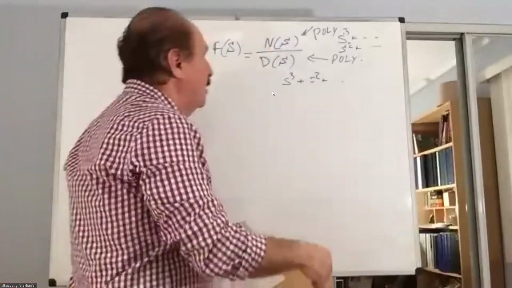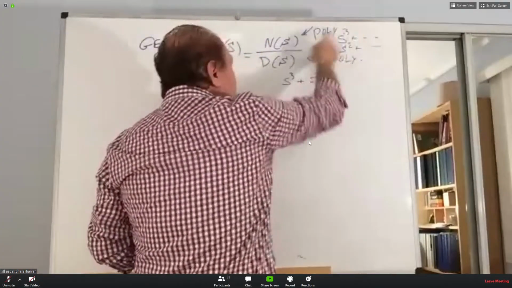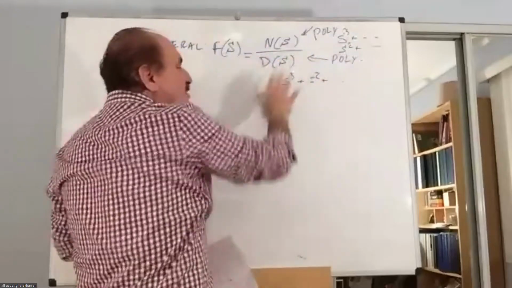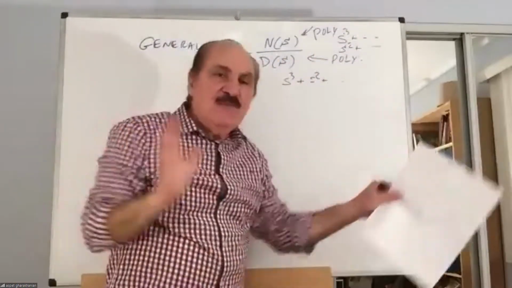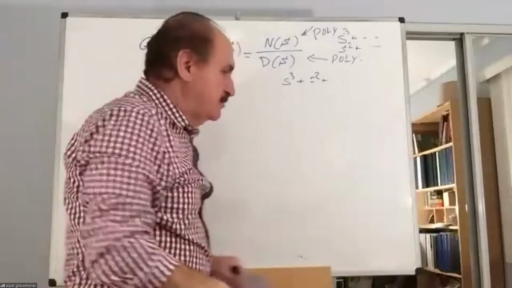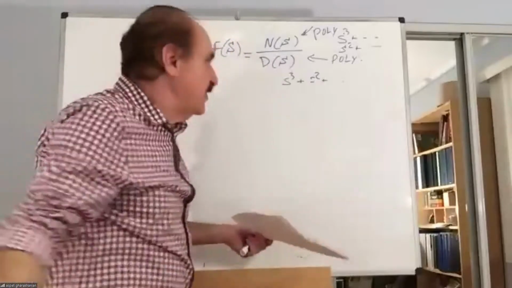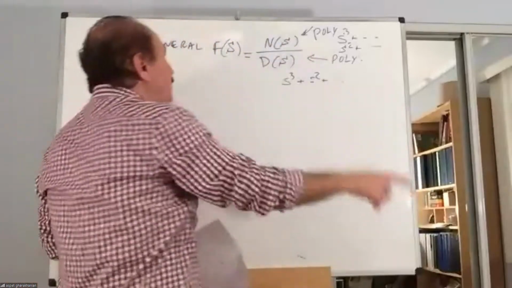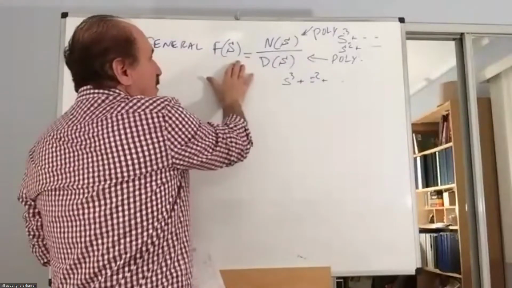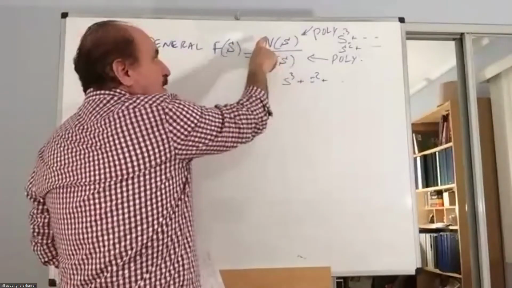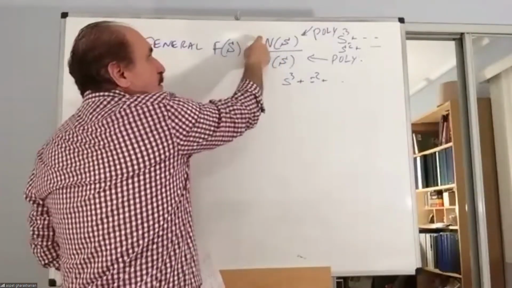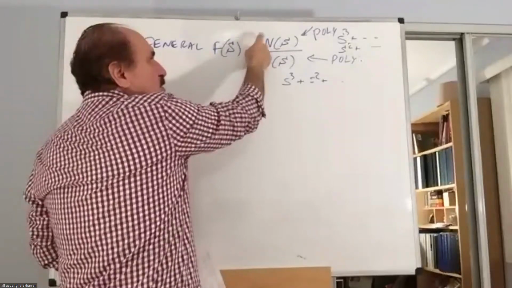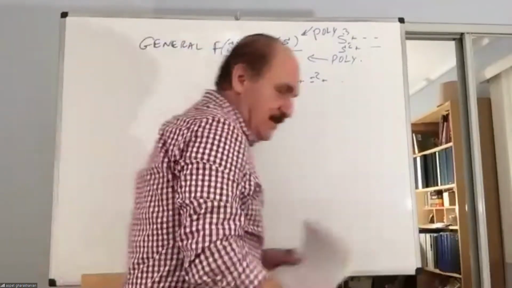But when it is less, the system has a limited frequency bandwidth. So, important thing: the Laplace function F of s comes as a rational function, numerator polynomial over denominator polynomial. Next.